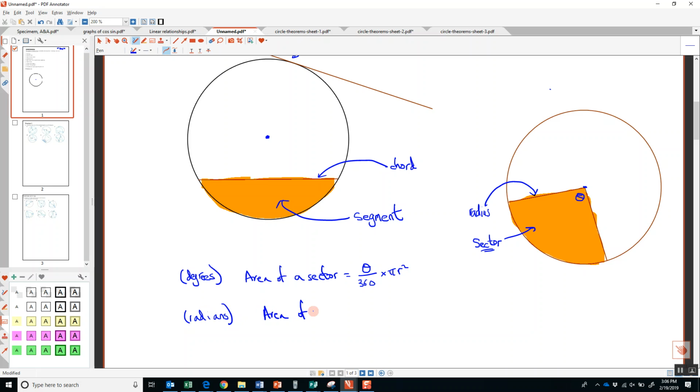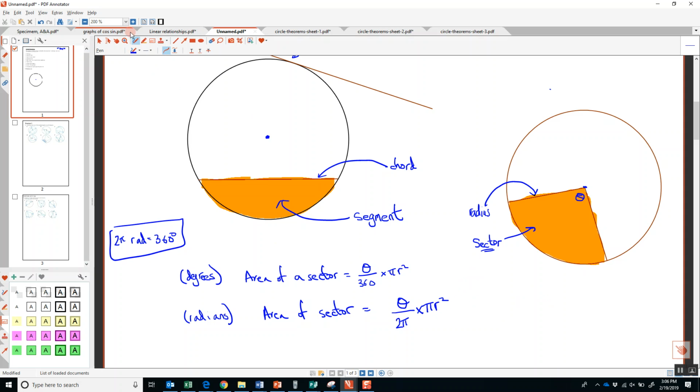Yep, good. So if we're dealing in radians, the 360 part becomes 2 pi, because remember, 2 pi radians is the same as 360 degrees. Good. Yep, times pi r squared.